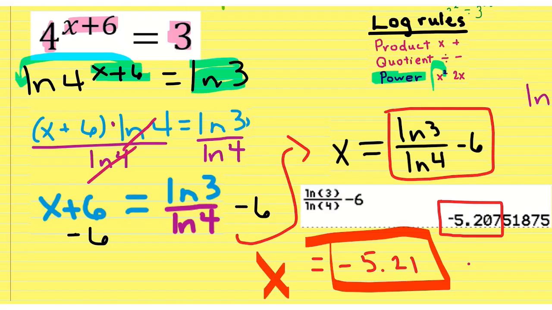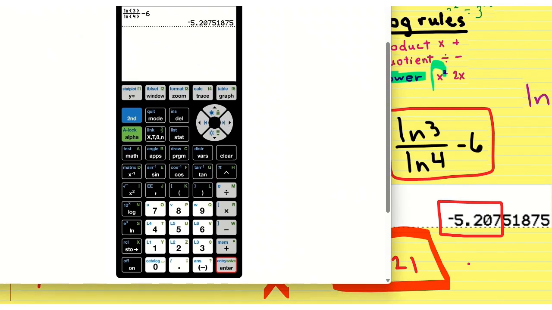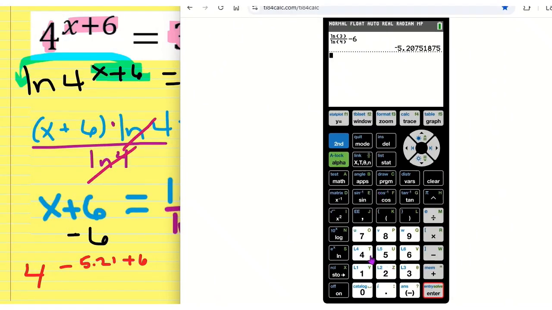And of course, I can test it. If I go ahead and put that into my calculator as well, it's like 4 to the negative 5.21 plus 6. And let's see what it equals. So let's grab our calculator. We're going to do 4 raised to the negative 5.21.